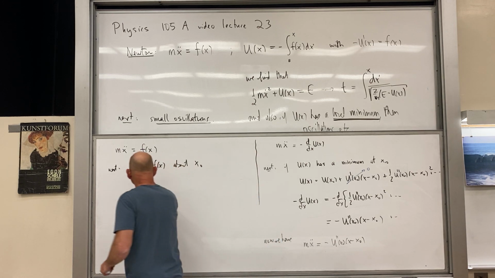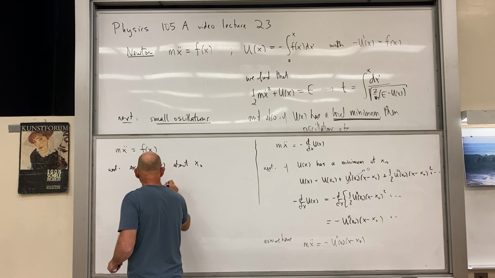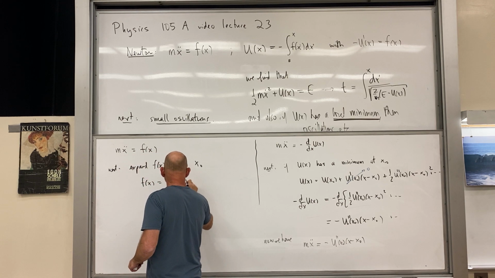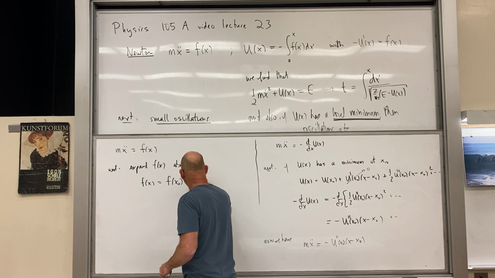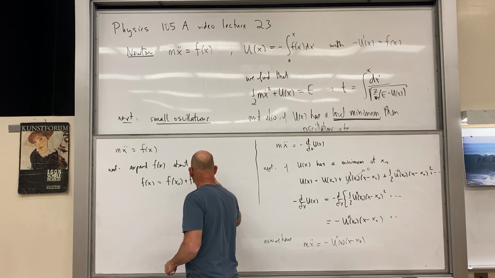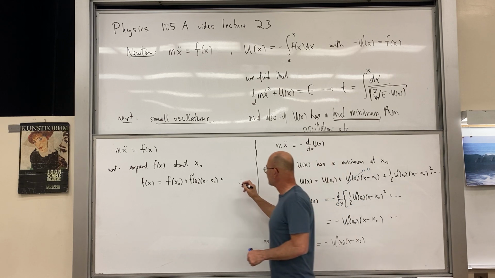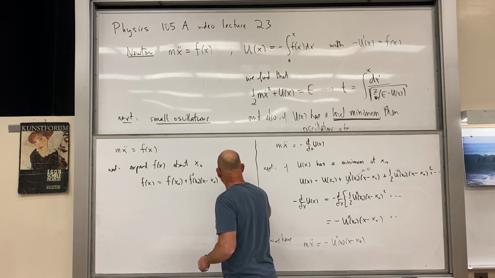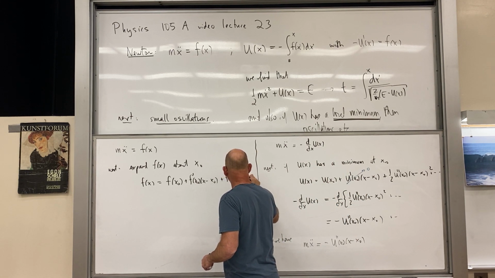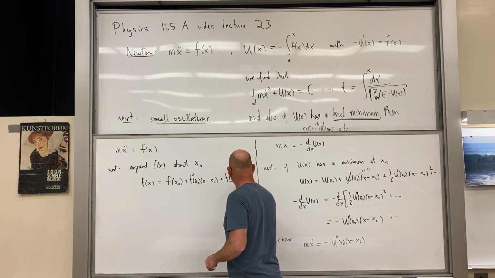So we have f of x is equal to f of x0, plus f prime of x0, x minus x0. I'm going to take one more term as well. So f second derivative at x0, x minus x0 squared over 2.